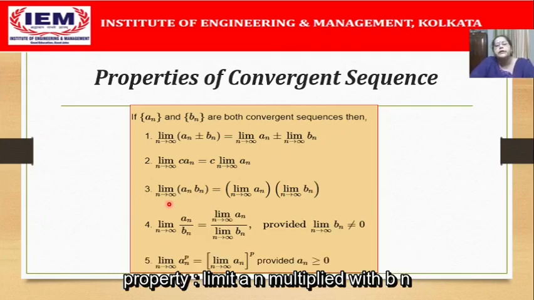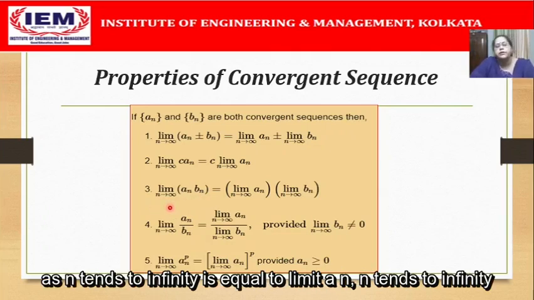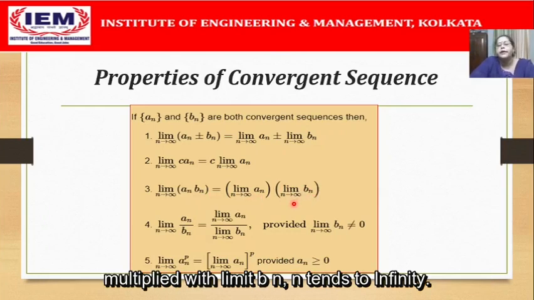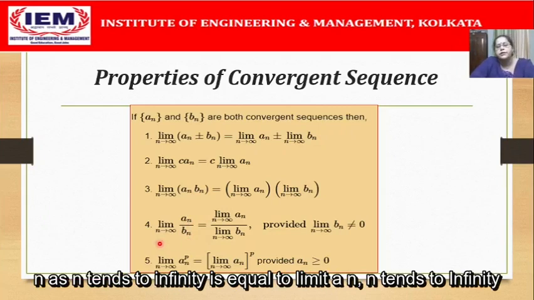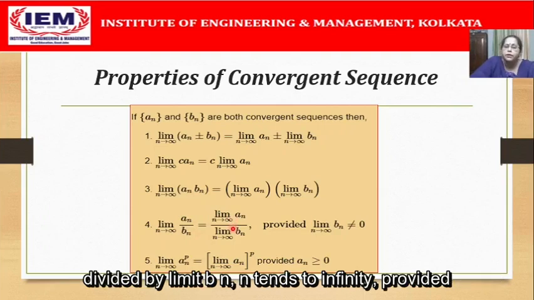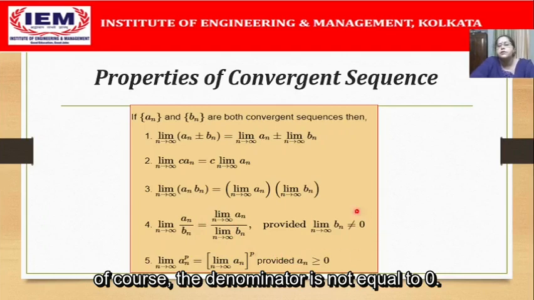Third property, limit of a_n multiplied with b_n as n tends to infinity is equal to limit a_n multiplied with limit b_n as n tends to infinity. Fourth one, limit of a_n divided by b_n as n tends to infinity is equal to limit a_n divided by limit b_n, provided of course the denominator is not equal to 0.